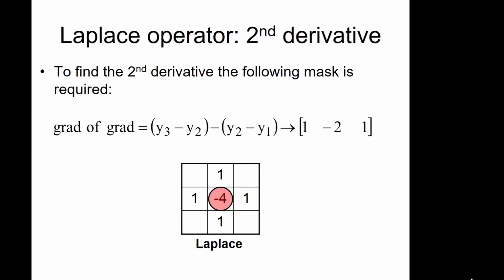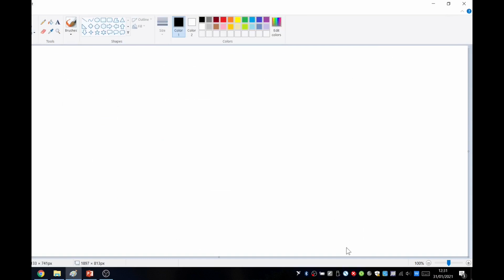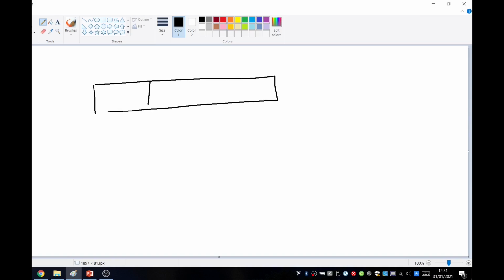The Laplace is the second derivative, or the gradient of the gradient. So again, we can have a quick look at that. So we'll say y1, y2, y3.